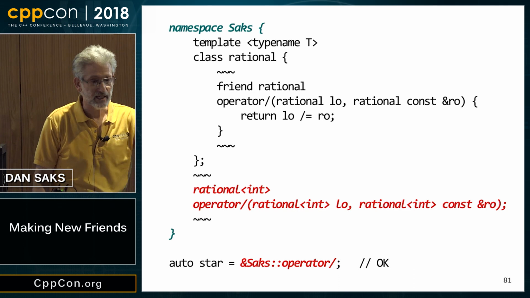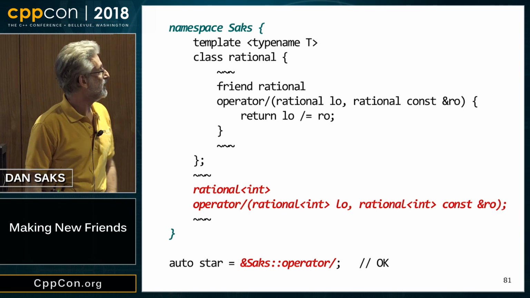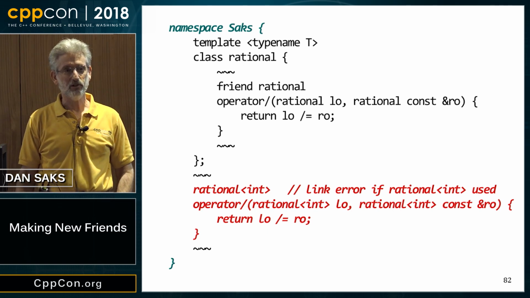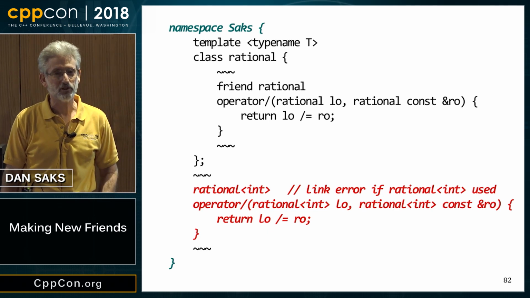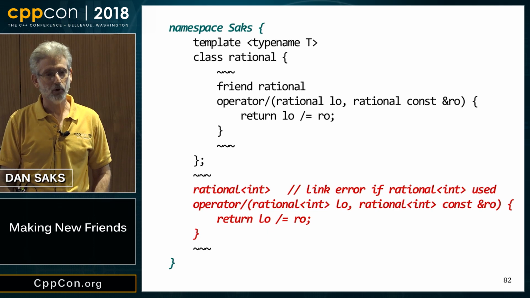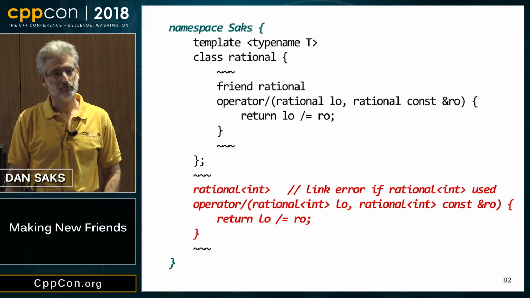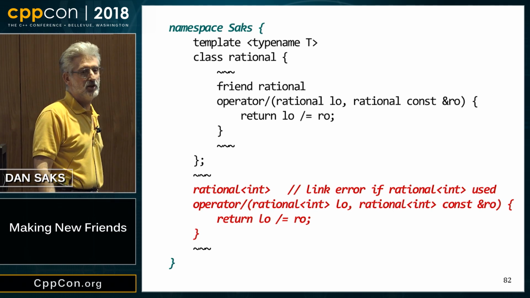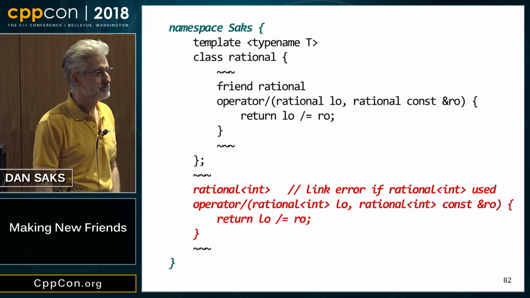You've actually introduced a declaration into a scope, and it does exist. Moreover, if you turn that into a definition and you use the rational int type, you get a multiply defined symbol. So you can find the spot where the compiler put those friends into a particular scope. They are being manufactured. You can hunt them down, but you normally don't. You just let argument-dependent lookup find them.